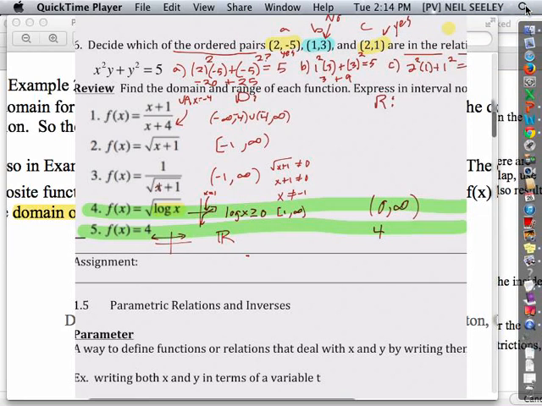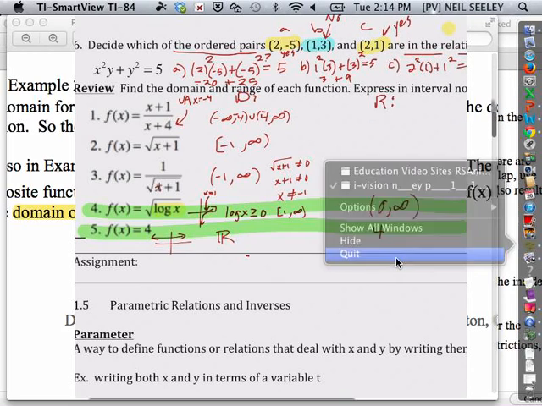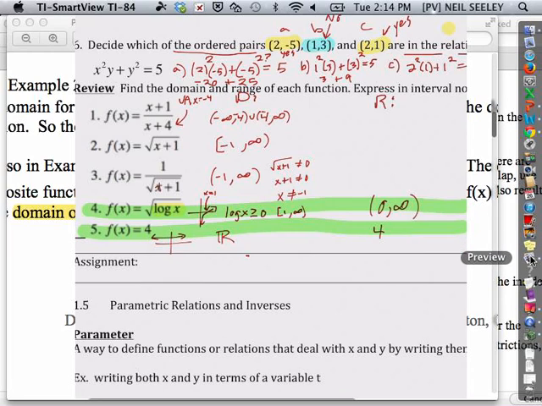Here comes the TI grapher. Come on, TI grapher, move real fast. Why is there so much stuff open? There. It's coming. Here it goes.